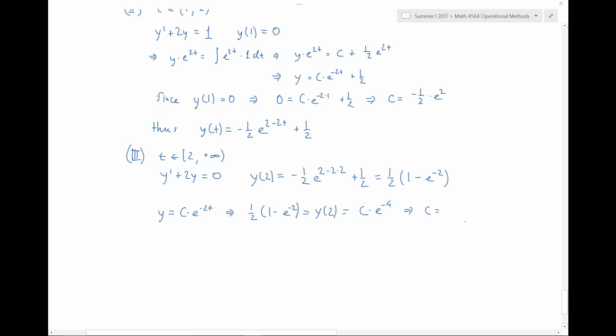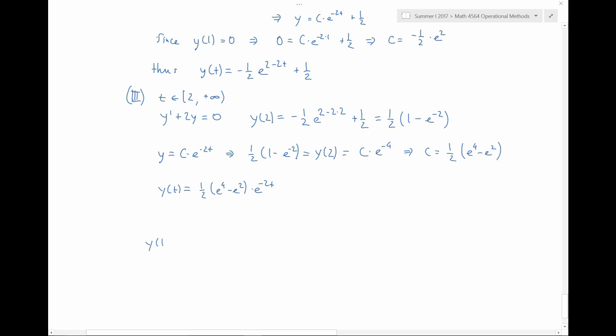Therefore, the constant is simply 1/2 times e to the 4 minus e to the 2. And the final expression for y of t is simply 1/2 e to the 4 minus e to the 2 times e to the minus 2t.